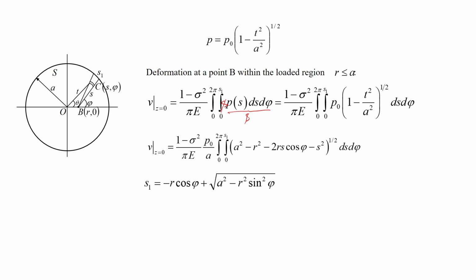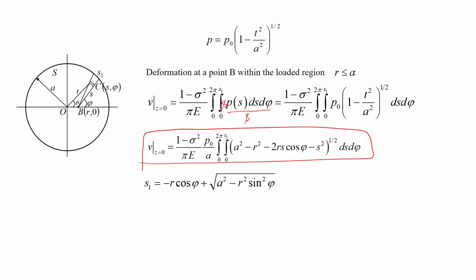We have gone through this in the last 1 or 2 lectures, and finally I have something like this. The expression for t I have already derived, and so, taking this a outside, I have this particular expression. So, here I need to do this integration in order to find out this vertical displacement v at the surface.